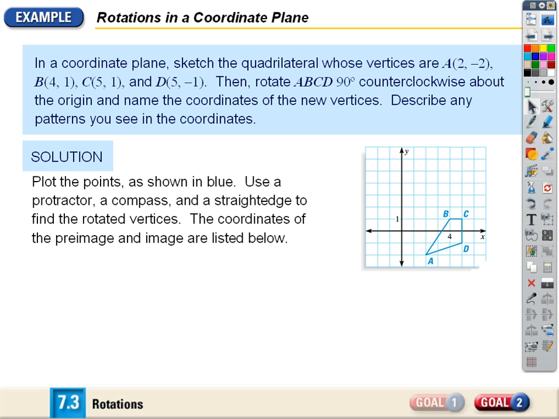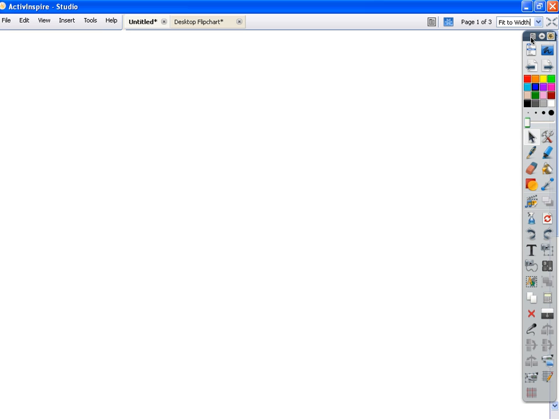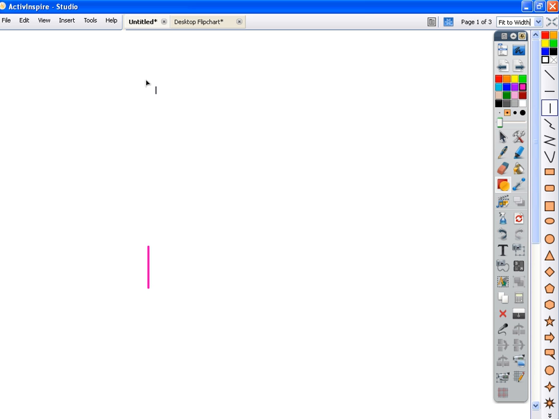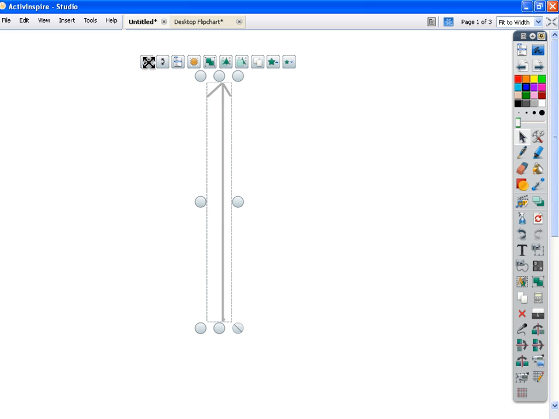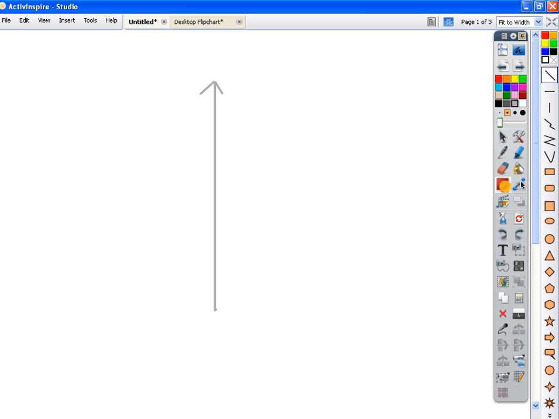Let's take a quick example. There's the positive y-axis to start with, and there's the positive x-axis.